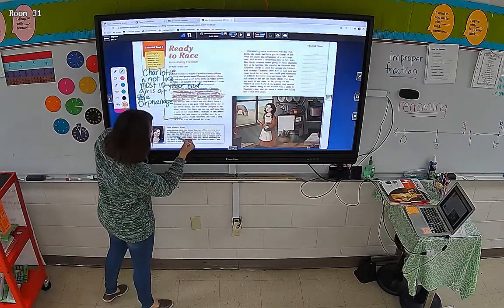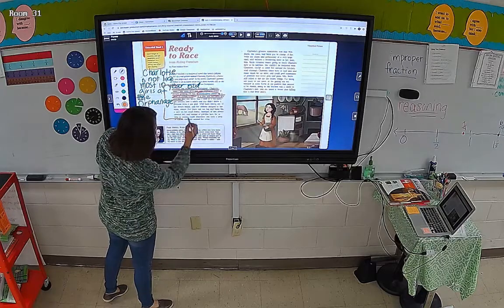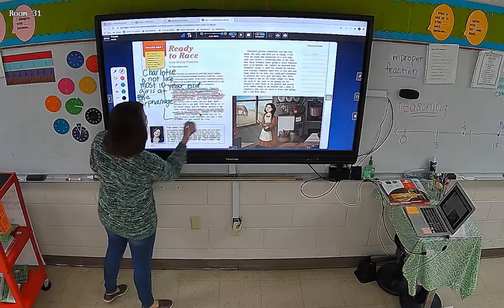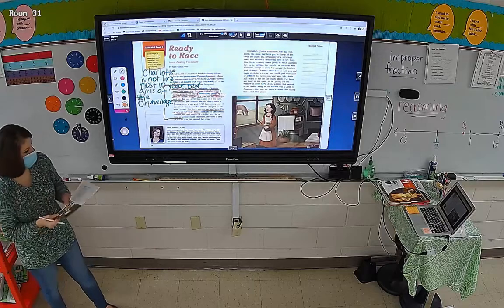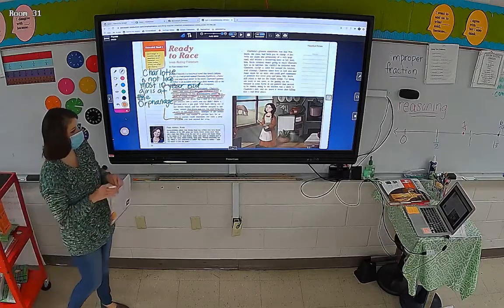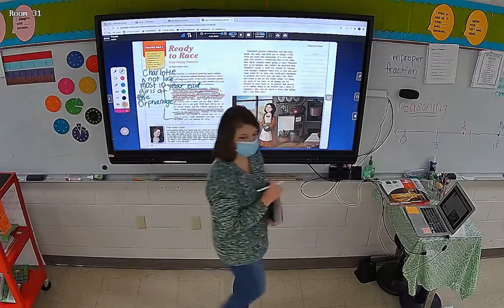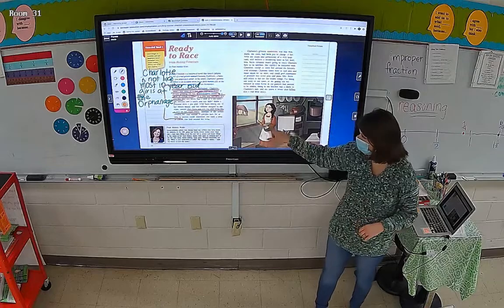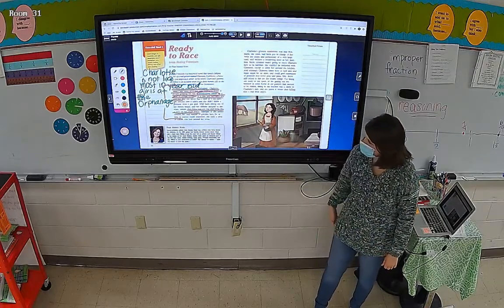It says, "Her frock was too big and hung like a sack on her small frame." Everybody underline that in your paper. Her frock was too big and hung like a sack on her frame. When it talks about the frock, that's her apron. So this white thing right here. And it says it's too big and hung like a sack.